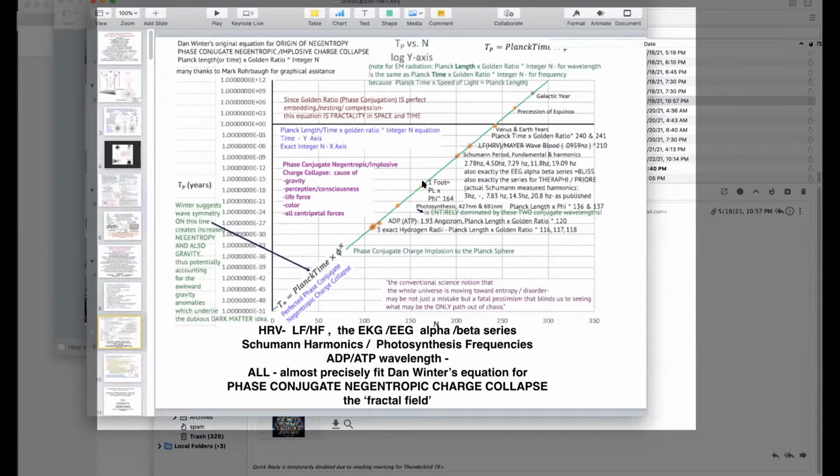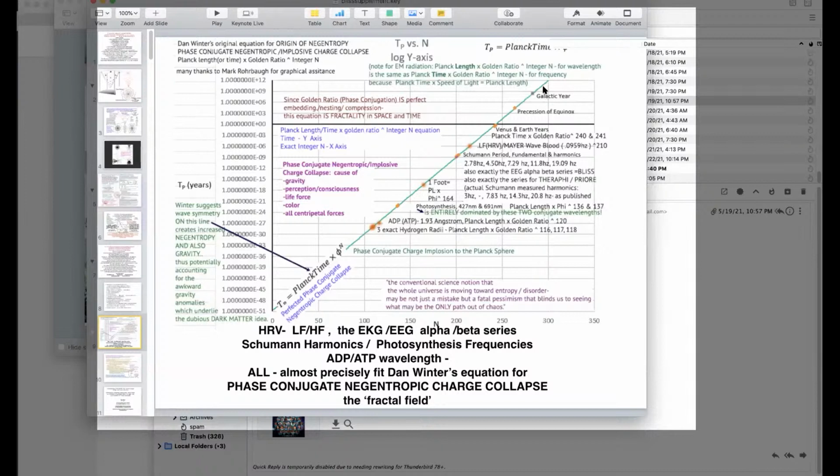It produces the definition of sacred dimensions, which is embeddability in the longitudinal, the British foot is exact golden ratio times Planck. It produces the Schumann harmonics, the brainwave harmonics, the heart rate variability harmonics, the LF Mayer wave, 0.1 hertz. It produces the Venus year, Earth year, galactic year, and precessional year, all predicted by my equation named origin of biologic negentropy.